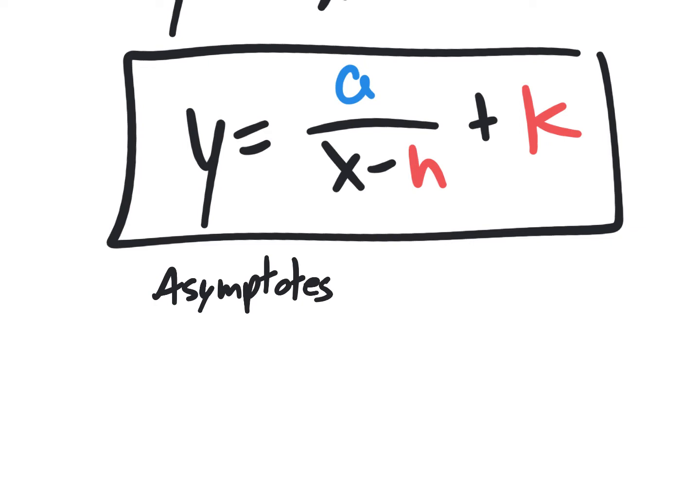So there's going to be two asymptotes for every reciprocal function that we graph. There's the horizontal asymptote and the vertical asymptote, okay?